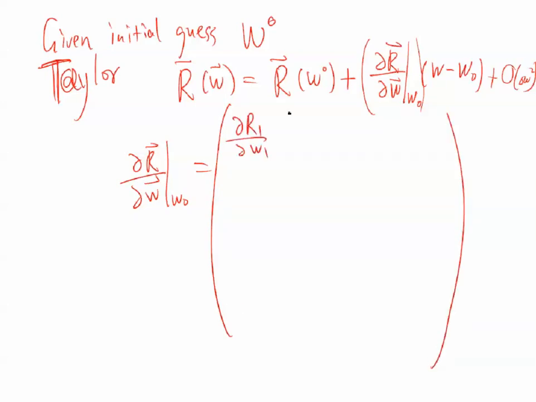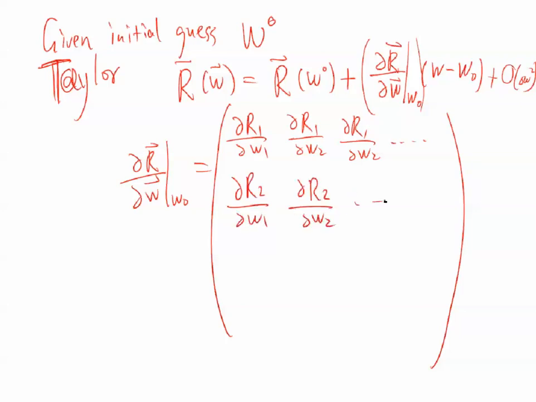Partial R1, partial W1, partial R1, partial W2, partial R1, partial W3, etc. And the second one is partial R2, partial W1, partial R2, partial W2, etc. and etc. Right? So the linear term would be a matrix. And please don't think about the other terms left because it'll be more complex. So just focus on the constant term and linear term.